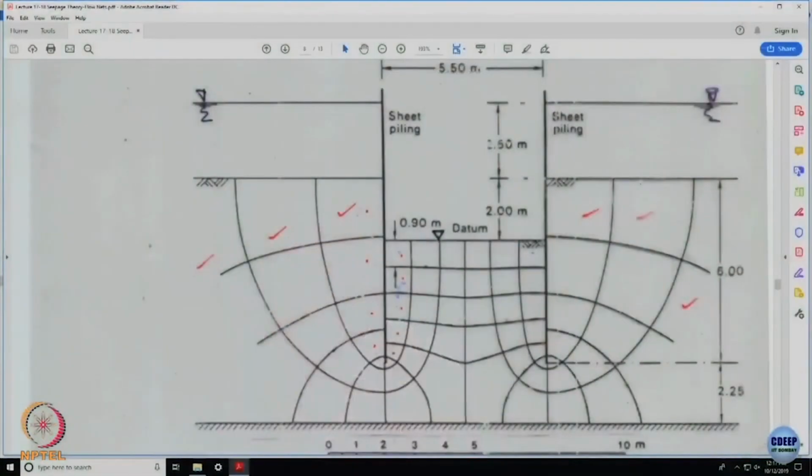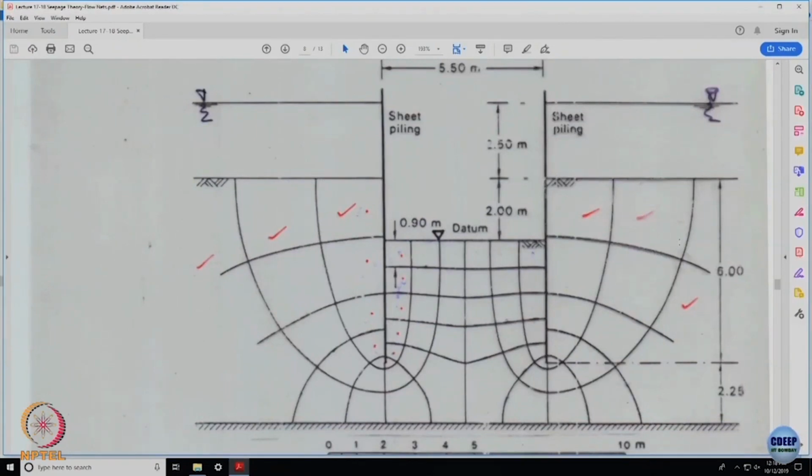This is equipotential, this is the bottommost flow line, the impervious layer, so no discharge is going to take place through this, good. Sheet pile, no discharge across this, this happens to be the first flow line, grazing through the sheet pile itself, alright. The next flow line is this, next is this, and so on, a symmetrical case, both sides.